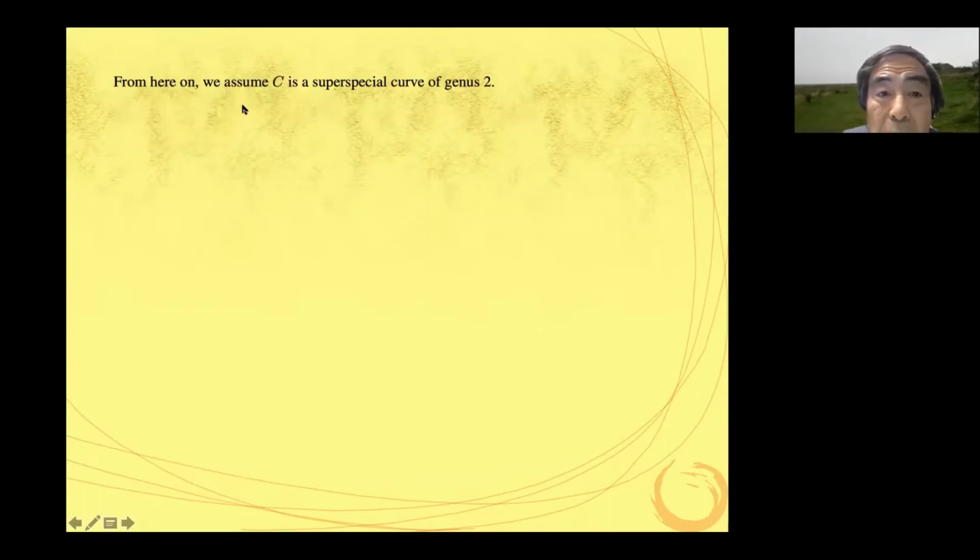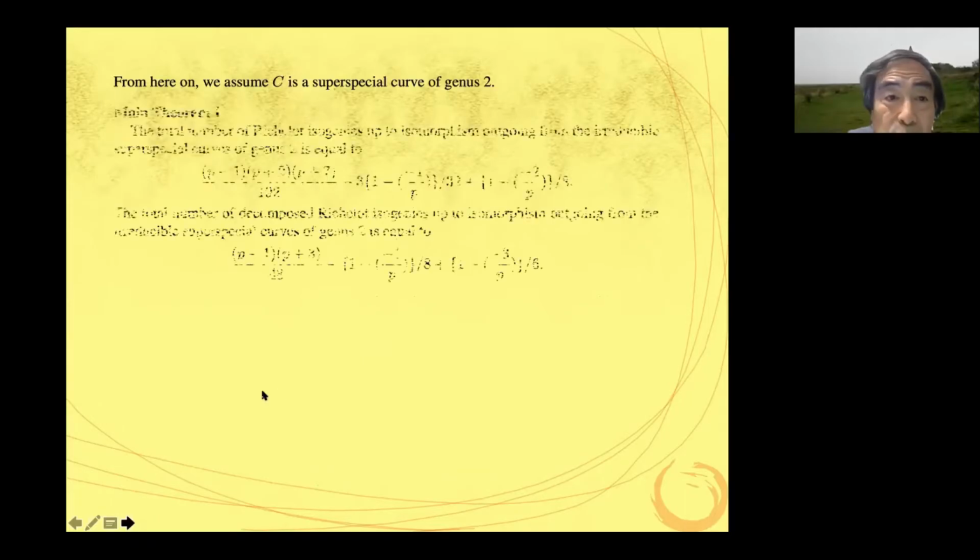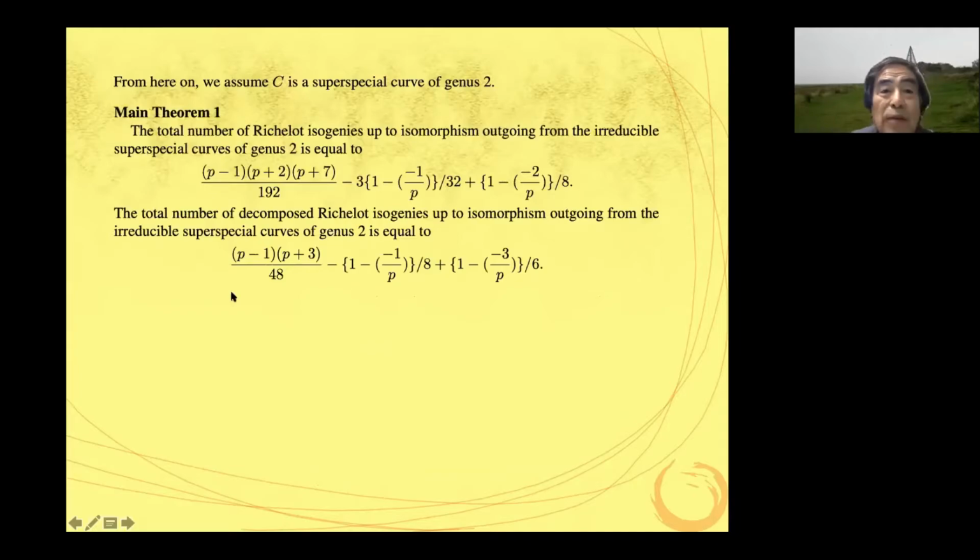And so now, from here on, we assume C is a supersingular curve of genus 2. Then the first main theorem, which I show, is that the total number of Richelot isogenies up to isomorphism outgoing from the irreducible superspecial curves of genus 2 is in total equal to this number.